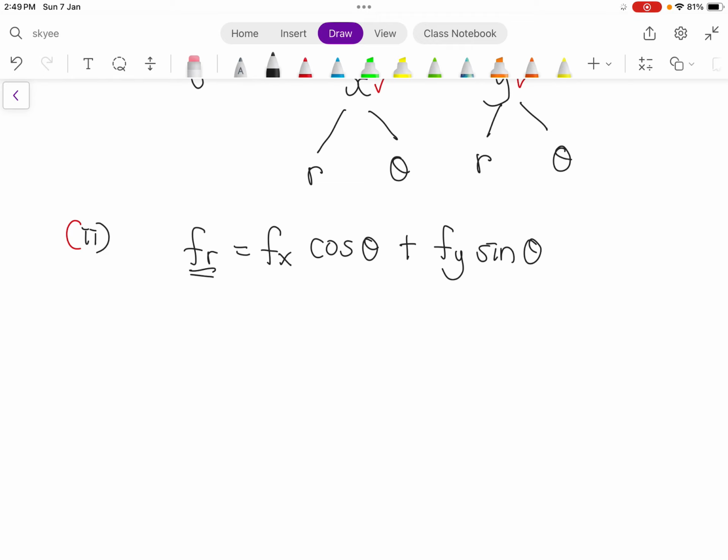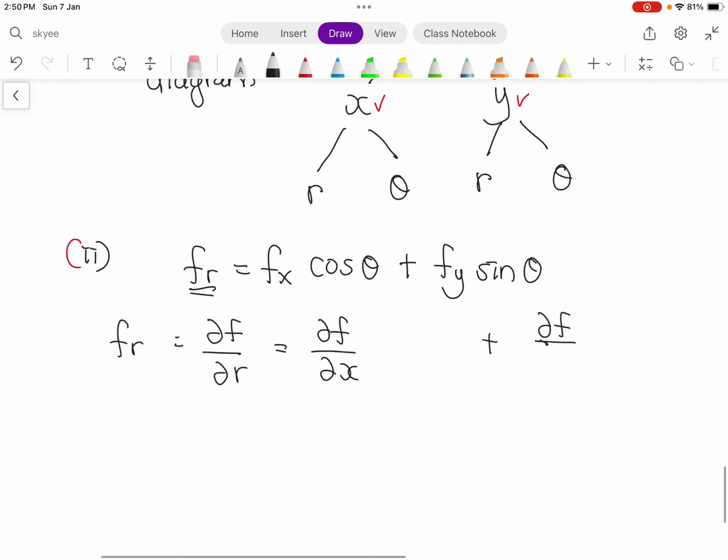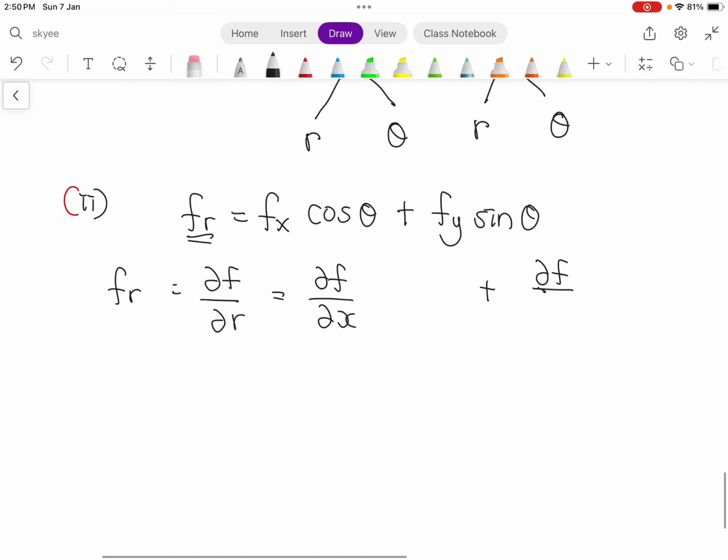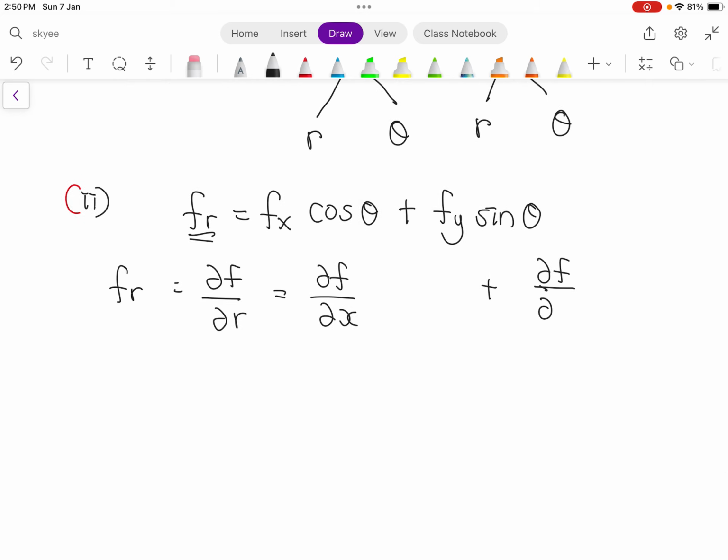So f_r is equal to del f del r. It means that you have to form the chain rule equation. Your function f has variables x and y.